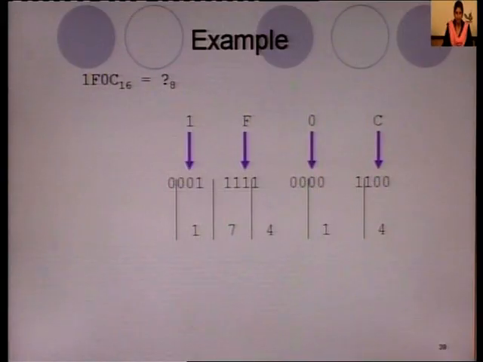No need to read this bit, as we have separated these groups by a line. So the result will be 17414. So our question was how to convert from hexadecimal to octal. We have 1F0C in hexadecimal, and the equivalent octal number is 17414.